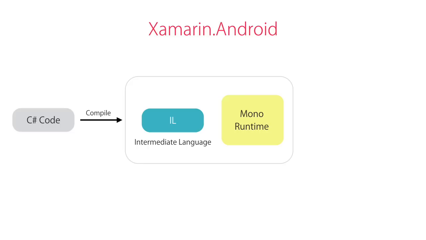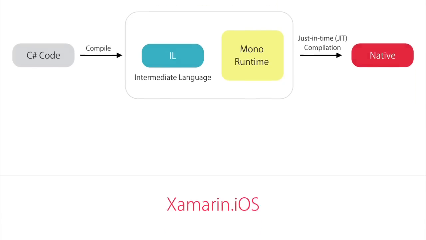So when you launch an Android app, this runtime is loaded into memory, and then it gets your IL code and compiles it to the native code for Android. And this process is what we call just-in-time compilation, or JIT. This is the same mechanism that is in place when you build a regular .NET application with C#. When you build a console, desktop, or web application, the same magic happens.